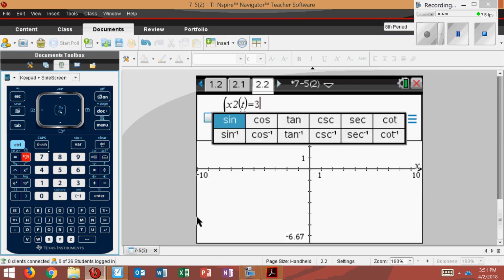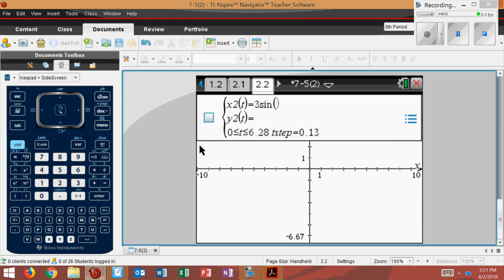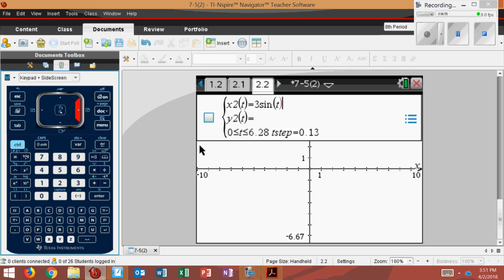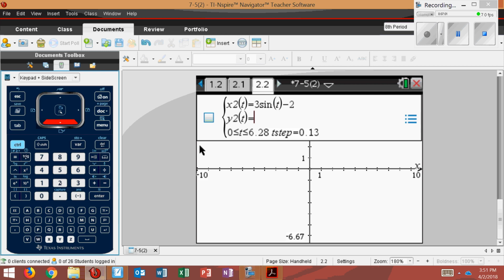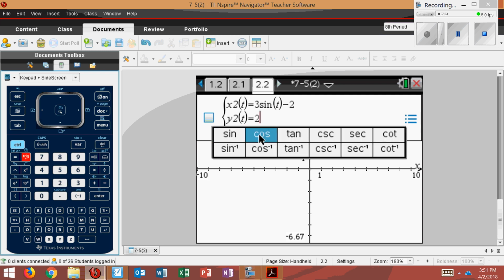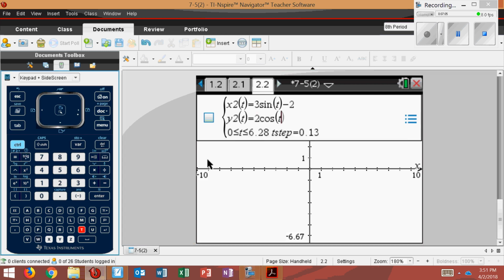The y equation was 2 cosine t minus 5. The t values were from 0 to pi over 2.